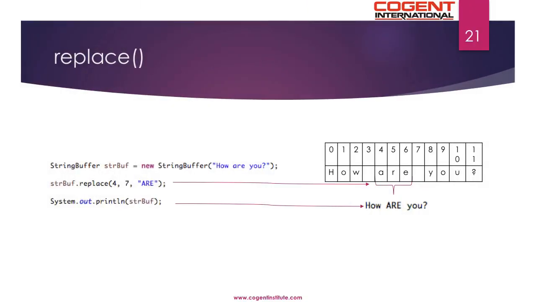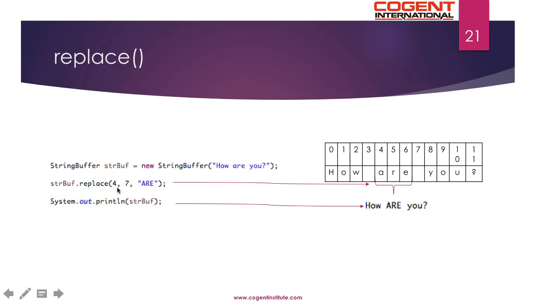Let's look at an example. We have a StringBuffer object created by passing in the string literal "how are you?", which is assigned to a reference variable strbuff of type StringBuffer. So when we invoke the replace method on this reference variable by passing in the startIndex and endIndex and the string literal that needs to be replaced with.